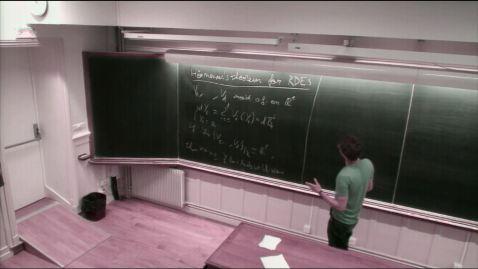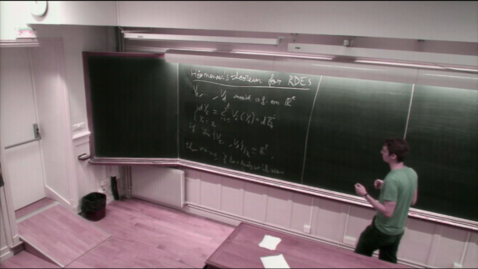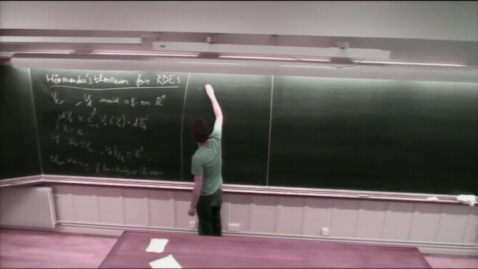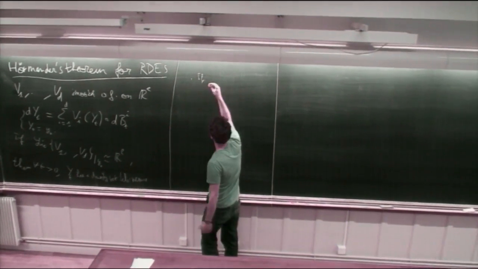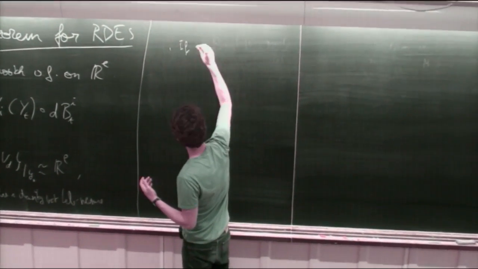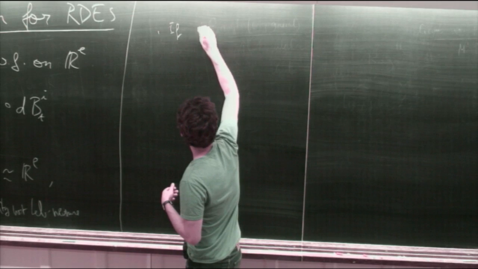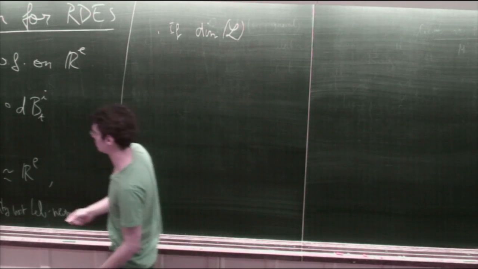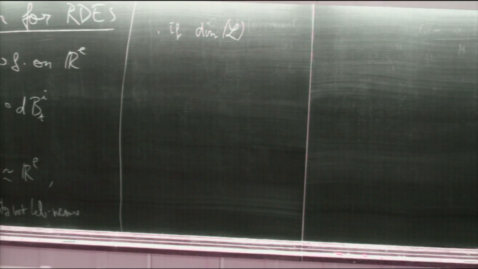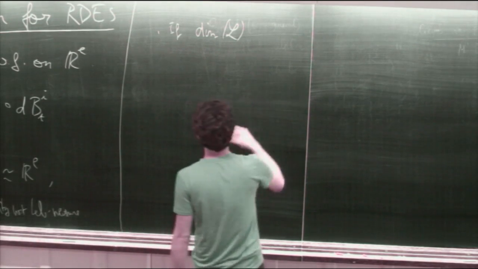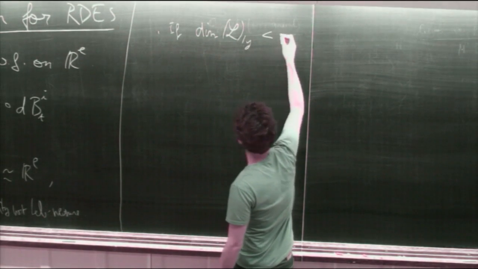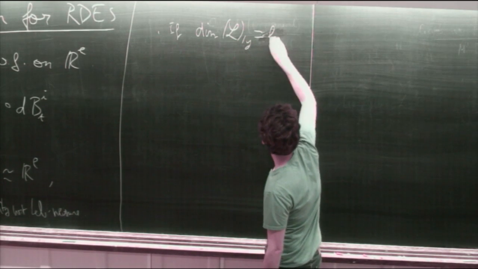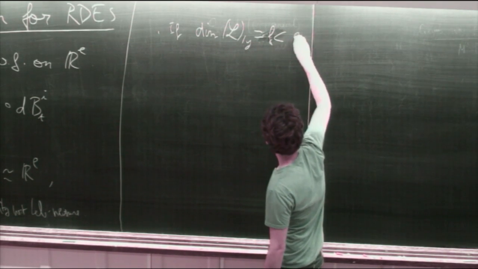To get a bit of an intuition, what happens in case this does not hold? Suppose that, in the whole space or in a neighborhood of y0, it does not matter, the dimension of this Lie algebra L were equal to a number f strictly smaller than e, everywhere.